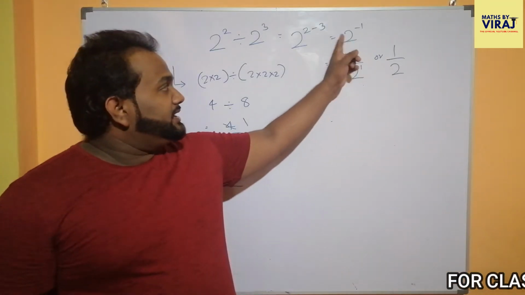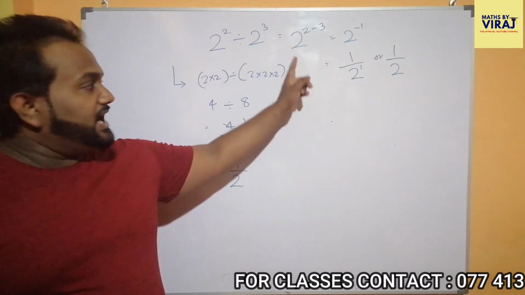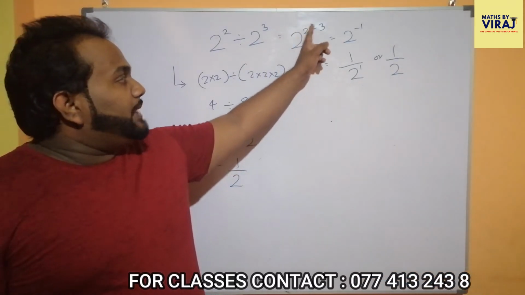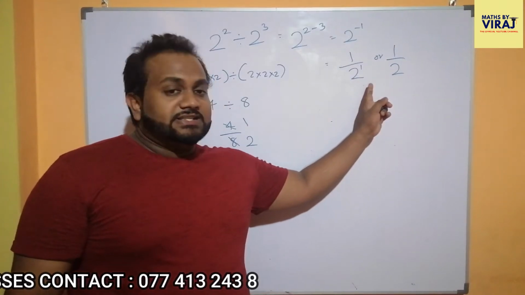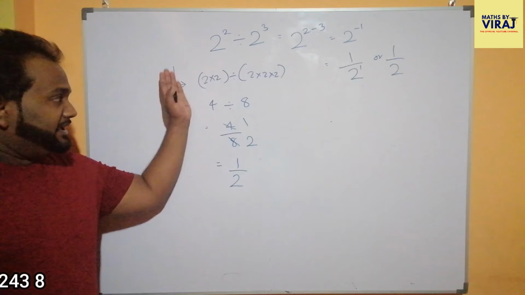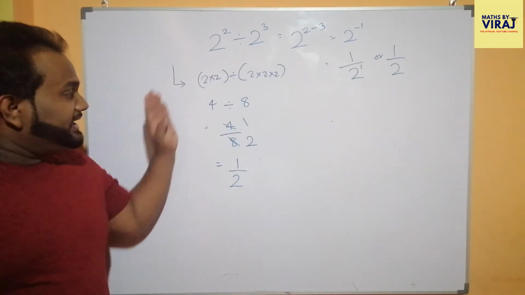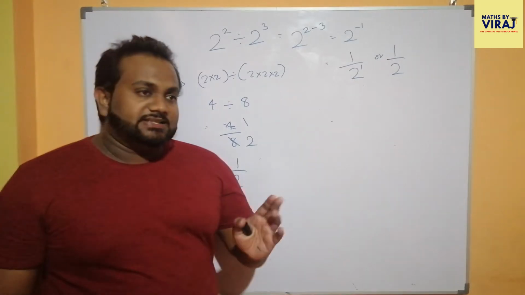Similarly, here 2 to the power 2 divided by 2 to the power 3, the answer is 2 to the power 2 minus 3, 2 to the power minus 1, and I wrote it as 1 over 2 or half. Again, if I did it in the form of integers, I end up getting the same answer.